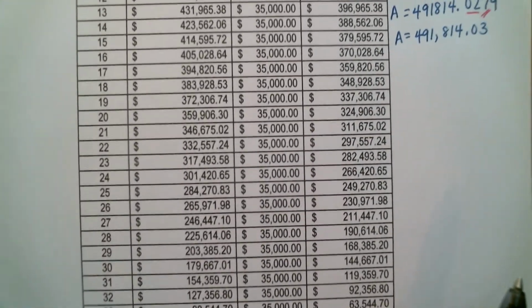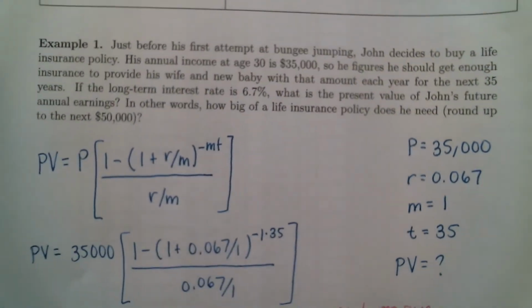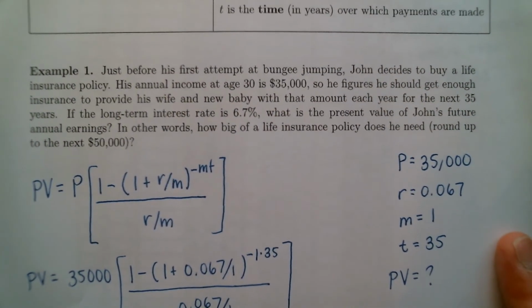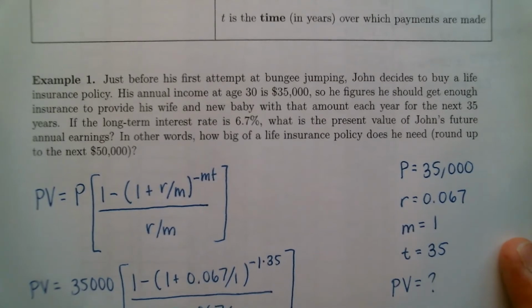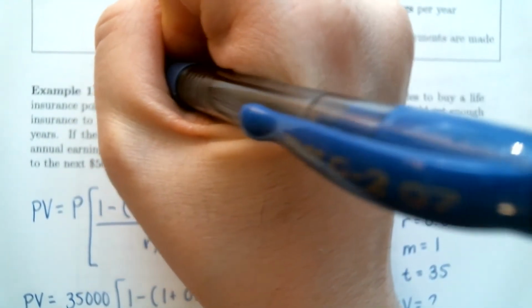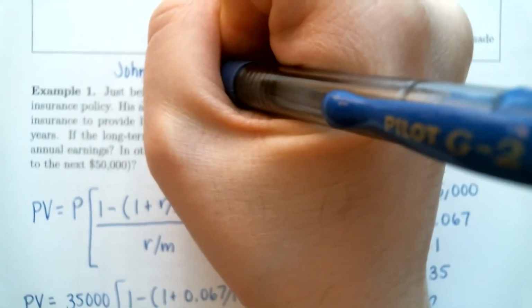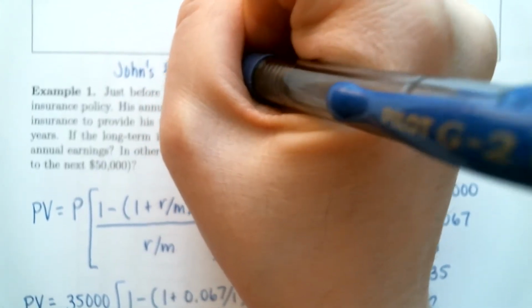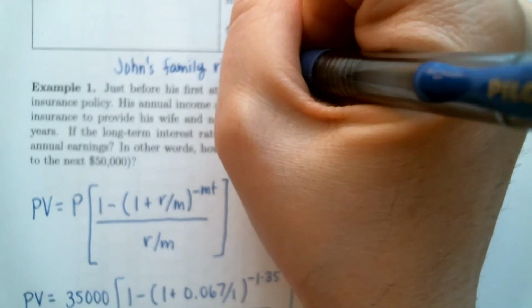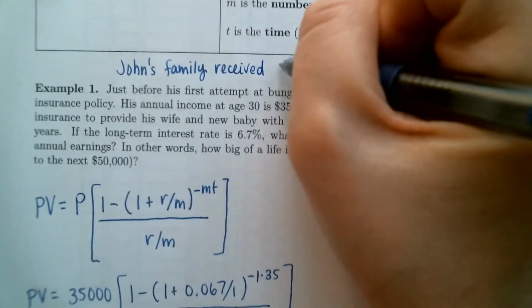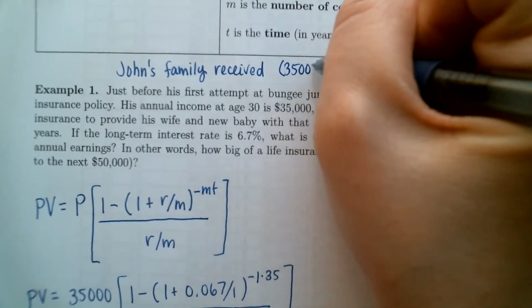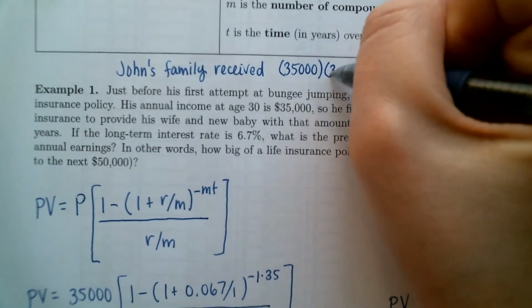One thing I want to mention before we finish up this example: think about how much money John's wife and child received. I'm going to write up here John's family. How much did they actually receive? They received $35,000 every year for 35 years.